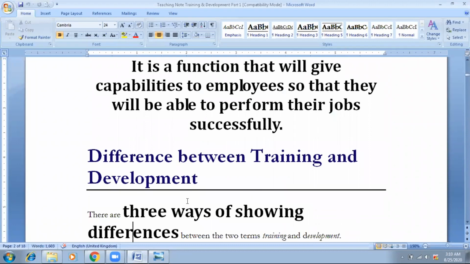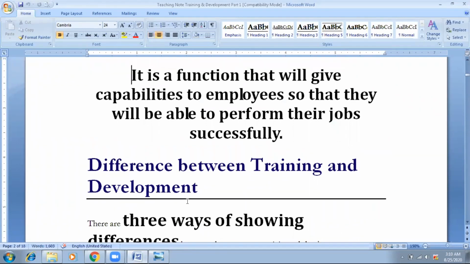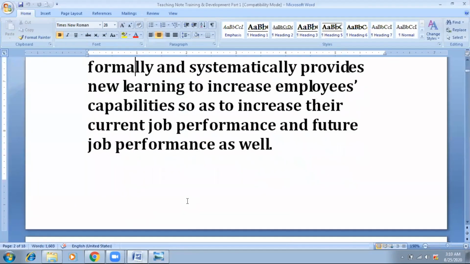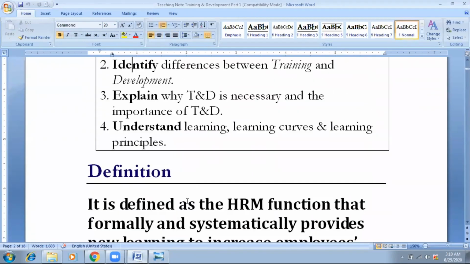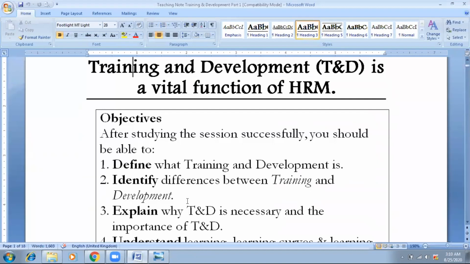Now the difference between training and development. So remember, here there are two terms, training and development. Even though there are two terms, we use this as one function.